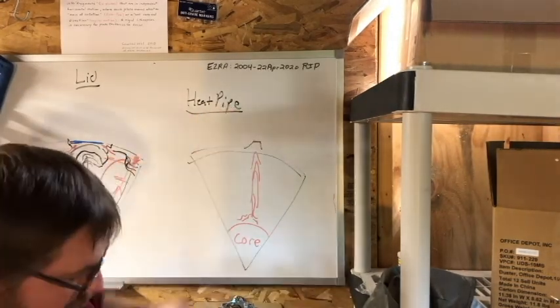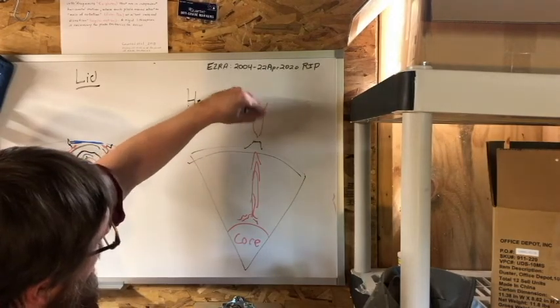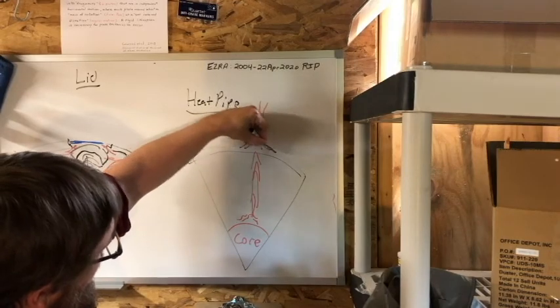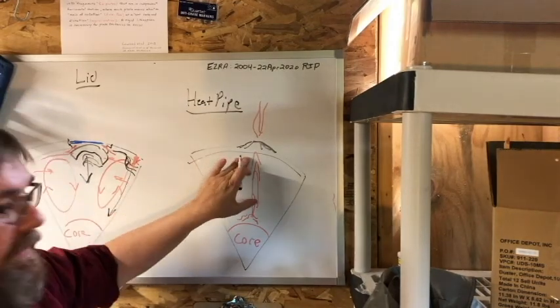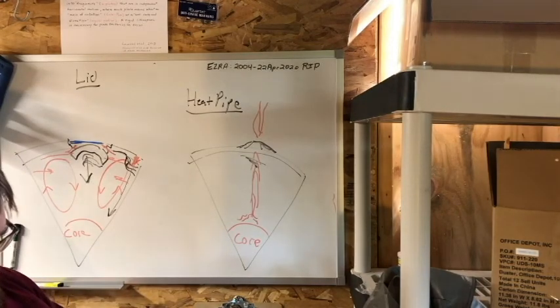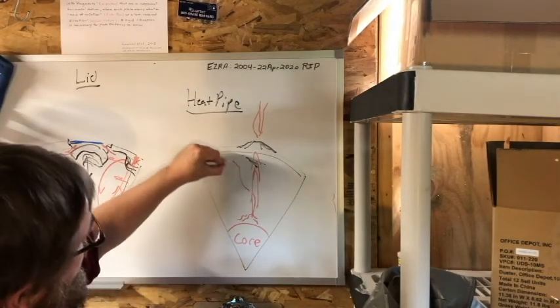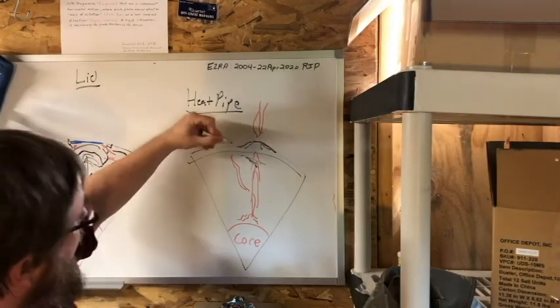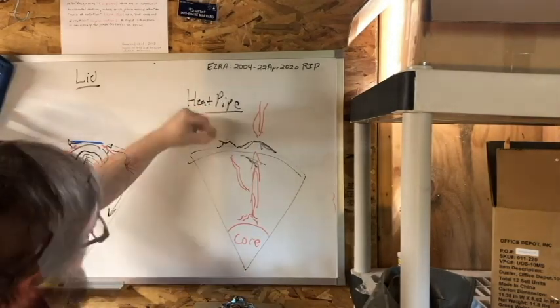What you get is volcanoes, and they explode. They get bigger and bigger, and eventually they get so big that they shut this off here. So your heat pipe is forced to move somewhere else and start the process again.